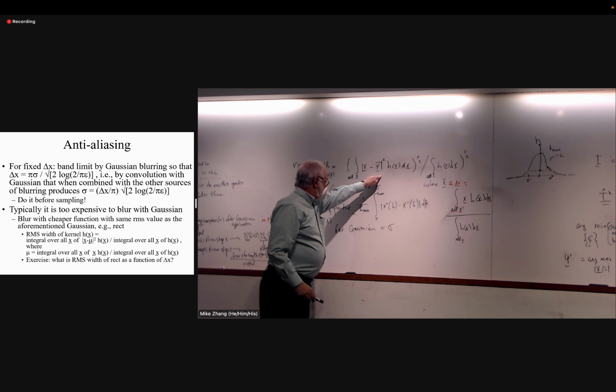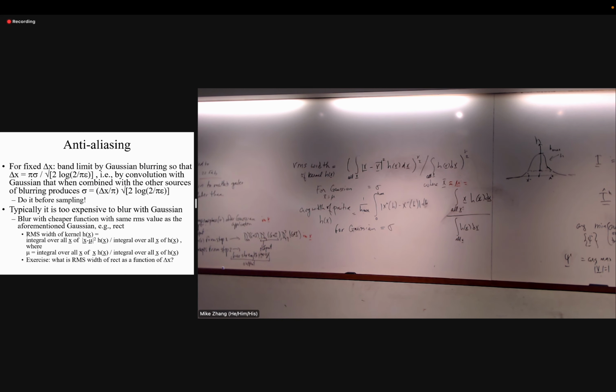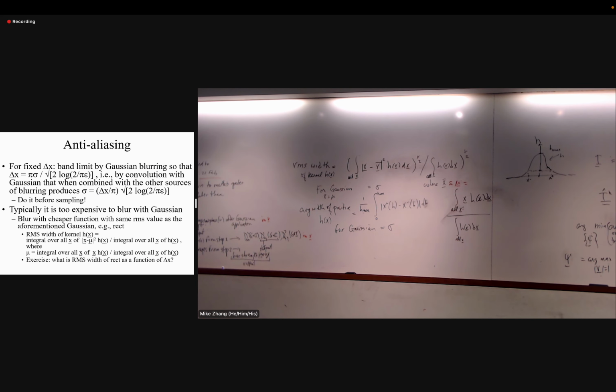This guy is sigma for a Gaussian, and this guy is sigma for a Gaussian. Okay, they both give you the sigma of the Gaussian for a Gaussian, but that equality is not necessarily true for non-Gaussian functions.